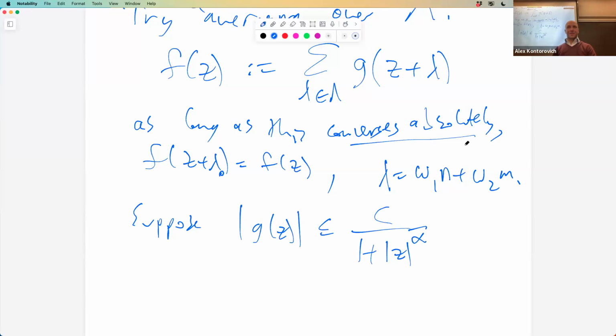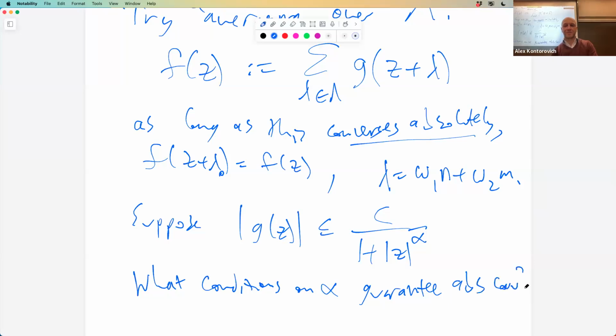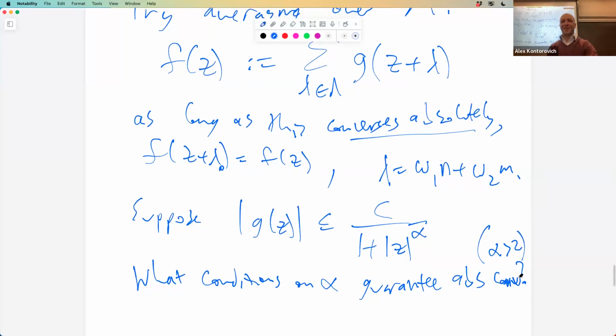Let's work that out. What conditions on alpha guarantee absolute convergence? Andrew? Yes, exactly. The answer is alpha should be greater than 2. Maybe that's not obvious to everyone, so let's just do it.